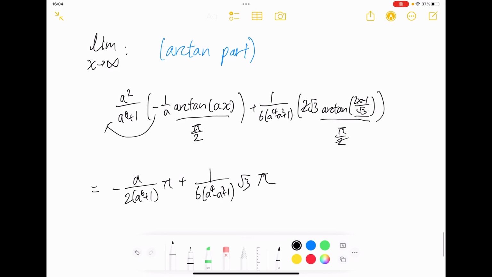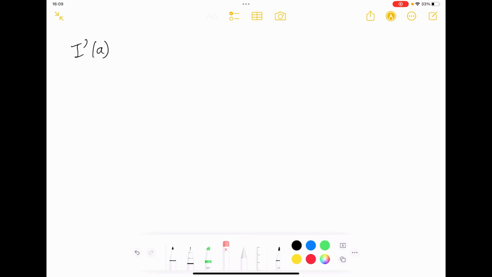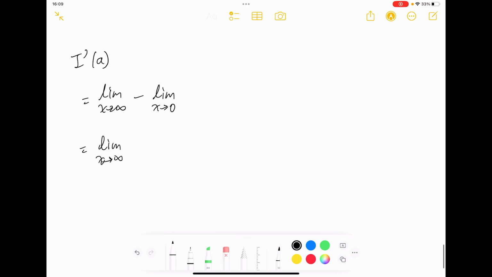So we are ready to evaluate I prime of A. How exciting, let's do it. So, I prime of A is equal to the limit as x goes to infinity minus the limit as x goes to 0. And of course, we had the ln part plus the arctan part.